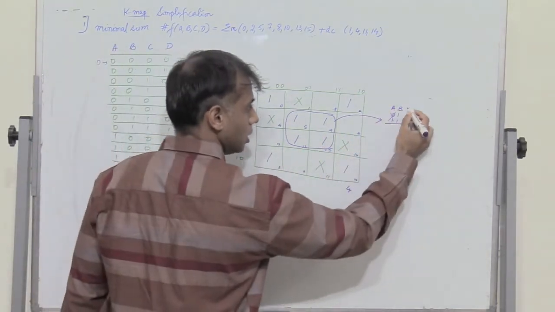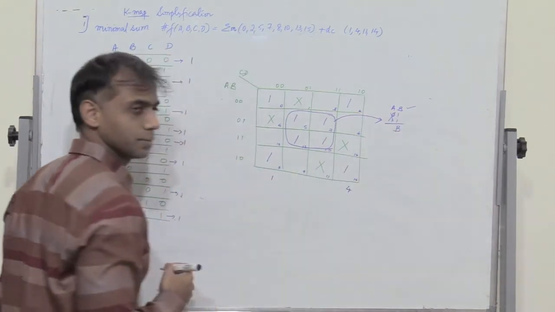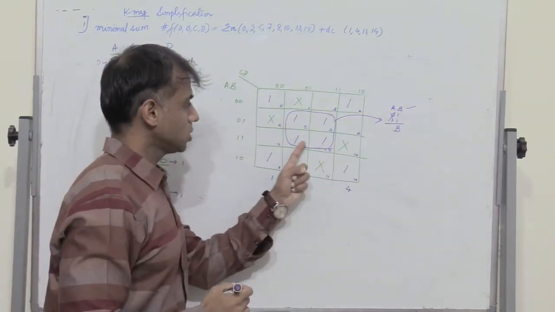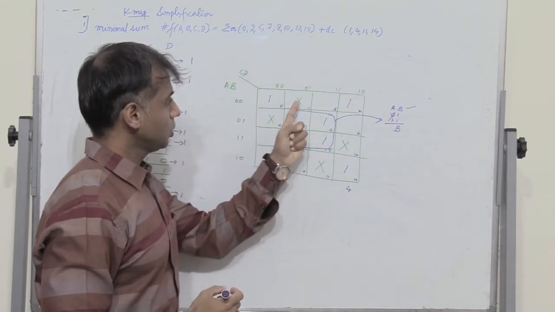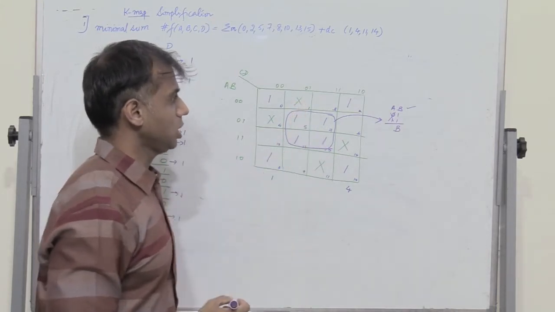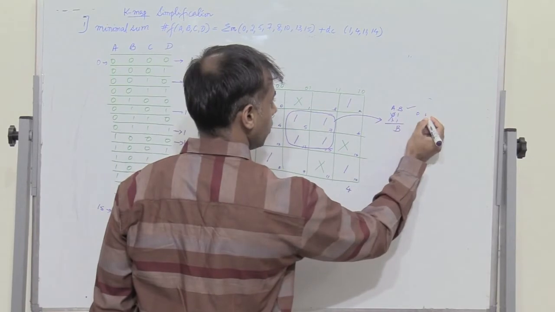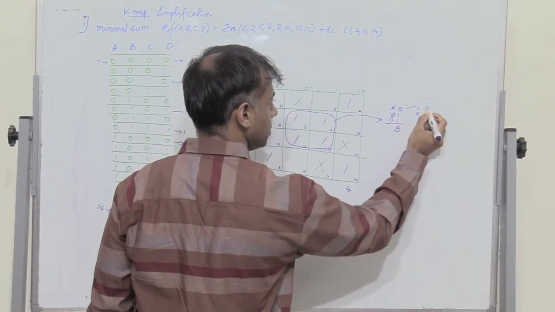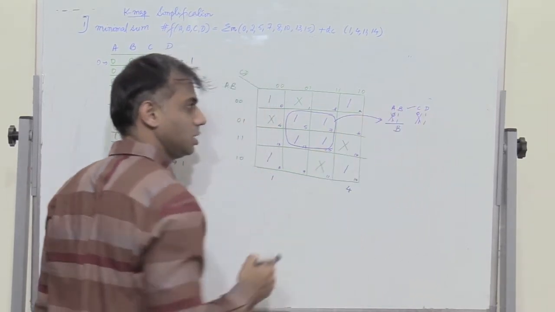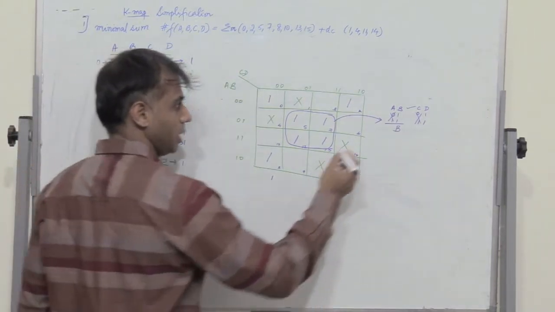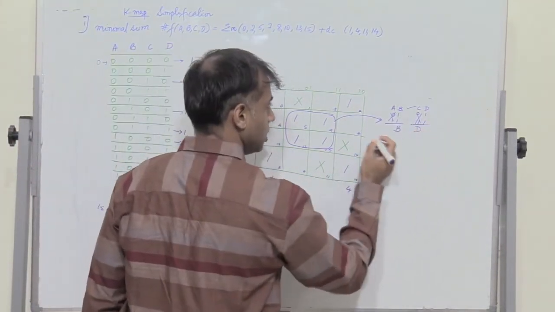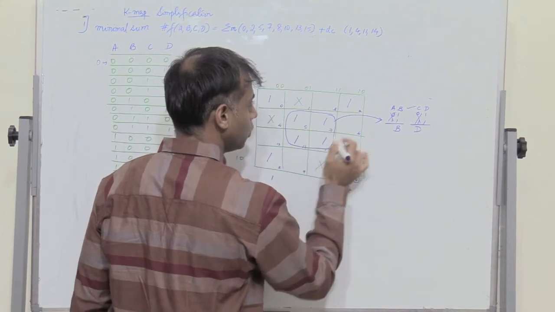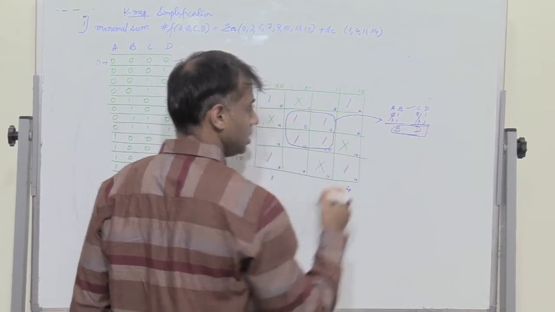So therefore I write B. Now I have these four ones which have been grouped. So therefore they correspond to column 2 and 3, which is 0, 1, 1, 1 for variable C and D. So C gets eliminated because it is in complementary, and then I have D here. So the simplified expression for these four ones is B into D.